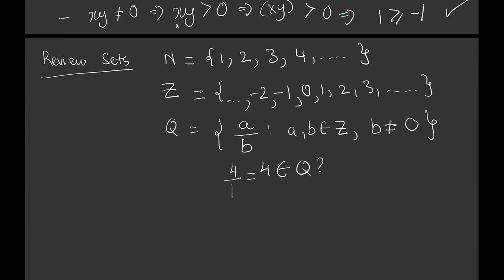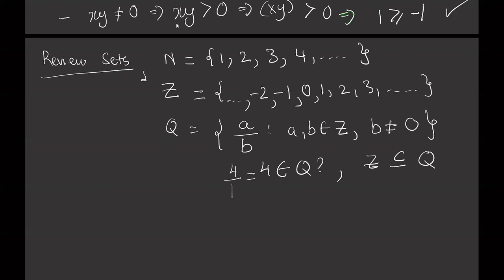Because 4 is in Z. Okay, so 4 is in Z, that's correct. But if you say 4 is in Q, okay, that's correct too, given that Z is a subset of Q, okay? So every integer is also a rational number.